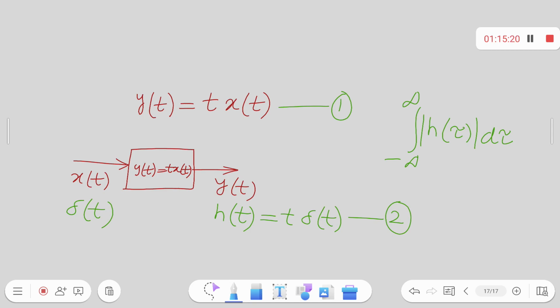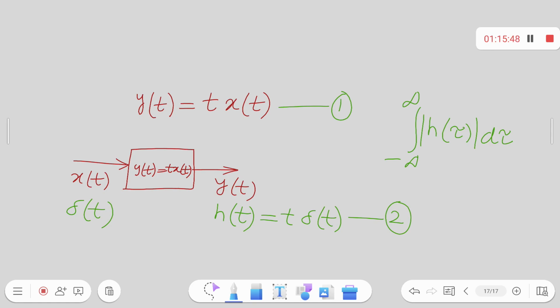The fallacy lies in the fact that our entire discussion is made on the assumption that the system should be LTI. Linear time invariant system only, you can check this. But y(t) equal to t times x(t), or y[n] equal to n times x[n], is a time variant system.